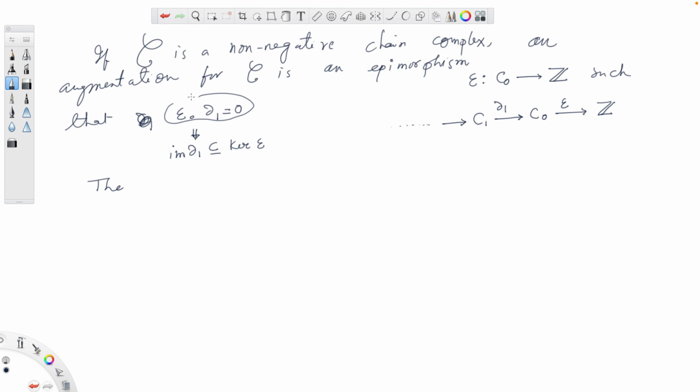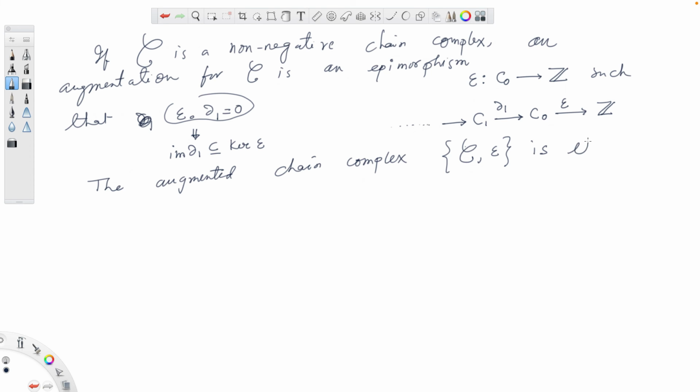Then we have the notion of an augmented chain complex, which is a pair (C, epsilon), where C is the non-negative chain complex that we started with and epsilon is the epimorphism from the group C_0 to the group of integers.